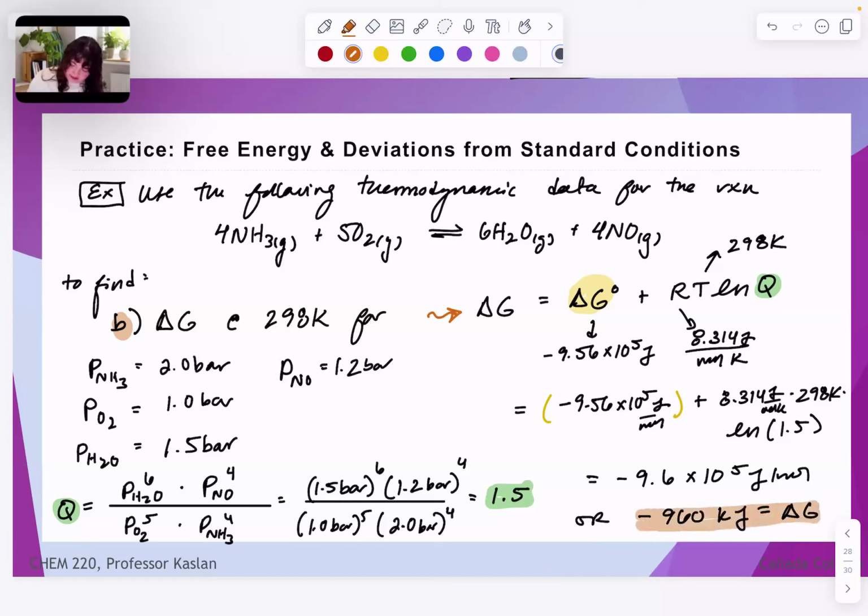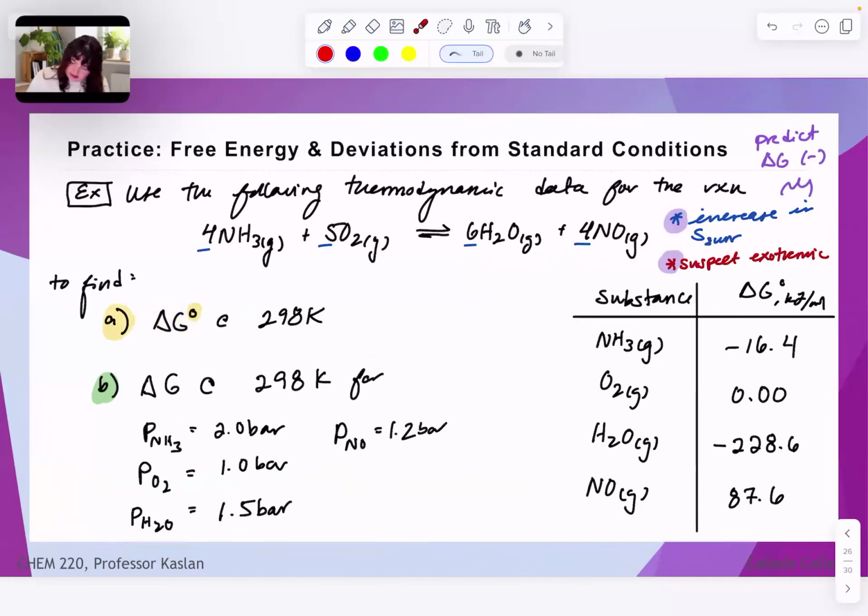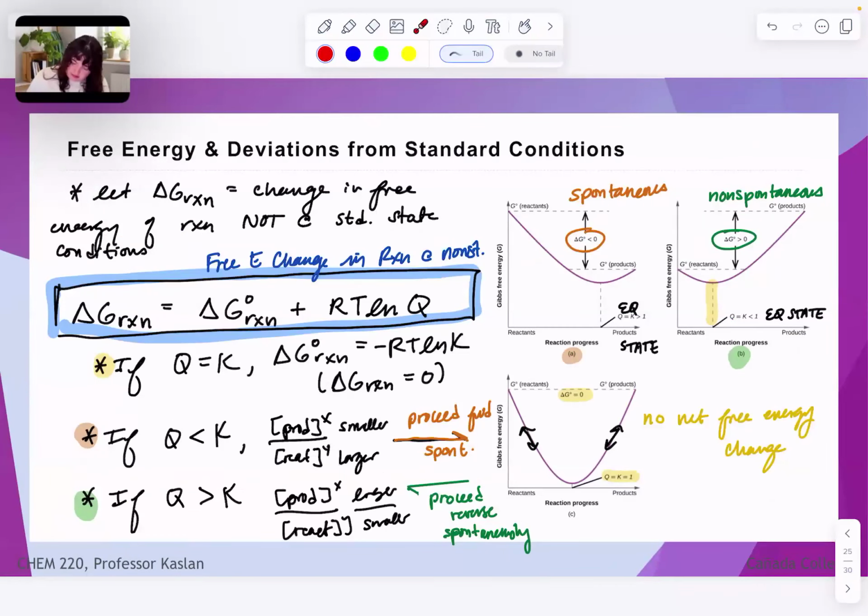So it looks like at these reaction conditions, this mixture, this would imply, going back here, that since we had a spontaneous drive, like we got a larger negative delta G, right? The magnitude was larger and the sign was negative, that we would be driven toward equilibrium spontaneously.